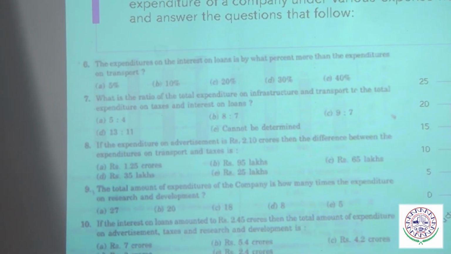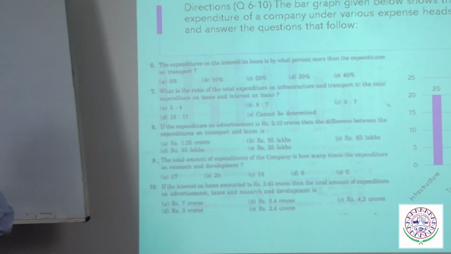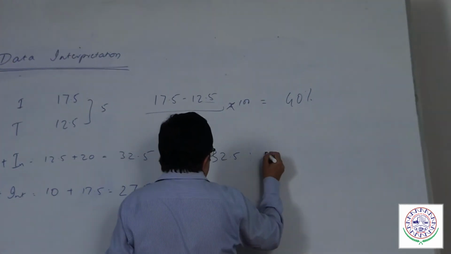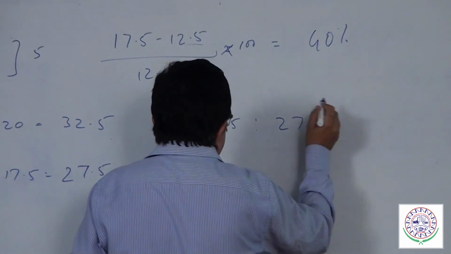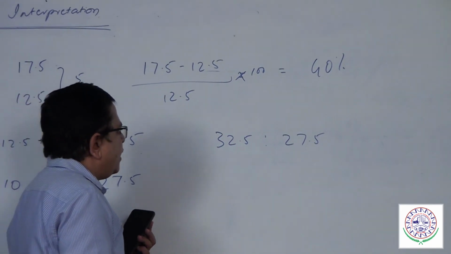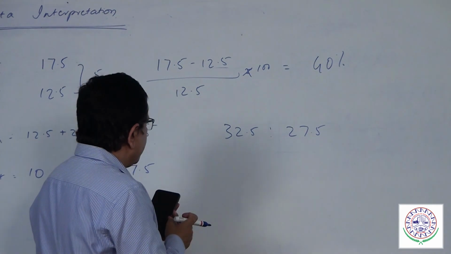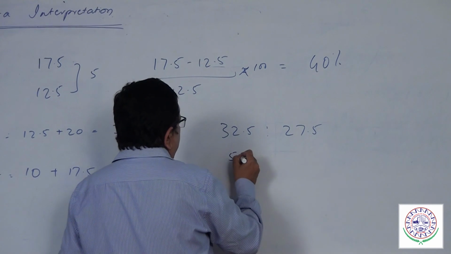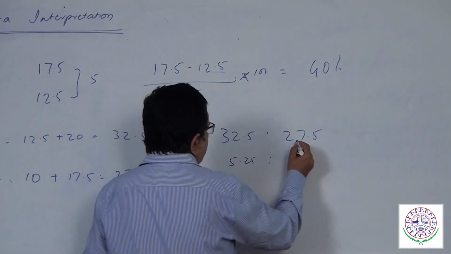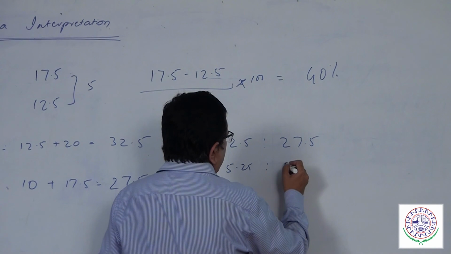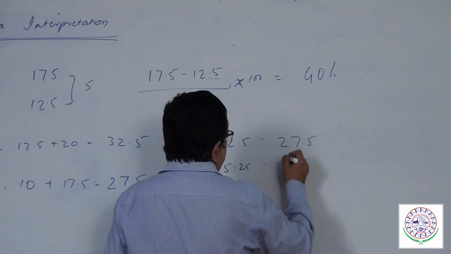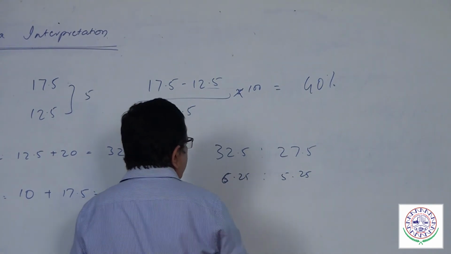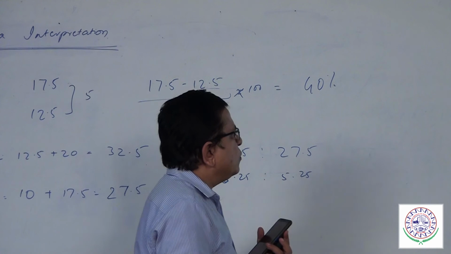So what is the ratio of these two? 32.5 and 27.5. That is the ratio to be calculated. So here we have 6.25 is to 5.25.